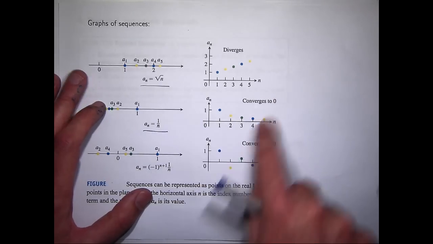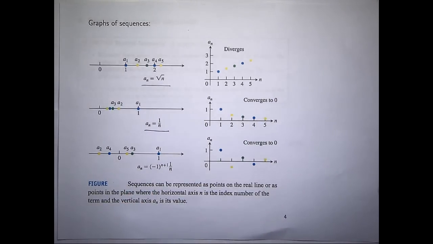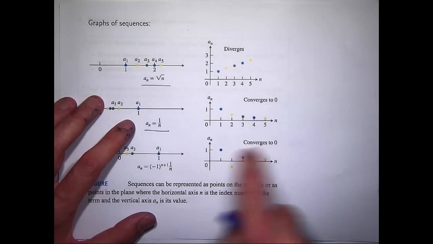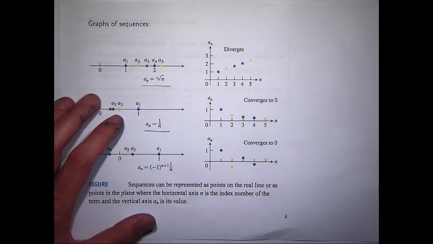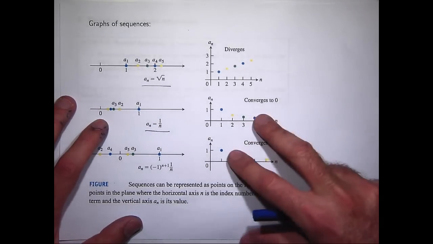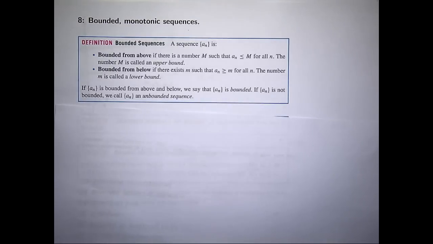So this middle sequence is a bounded sequence because it's bounded above by some number and below by some number. This sequence also is bounded above and below. Okay, so there's some examples of some bounded sequences.